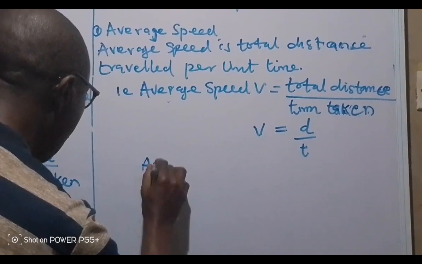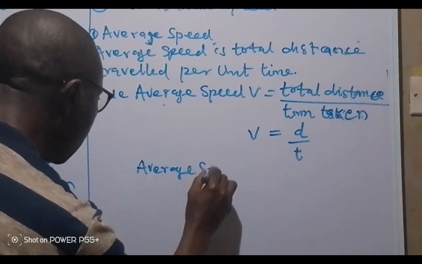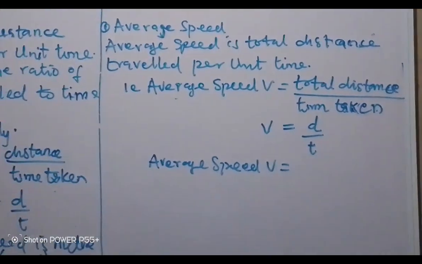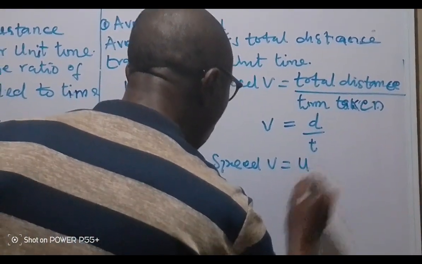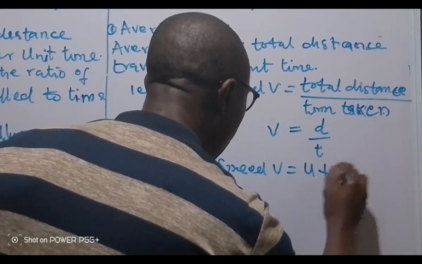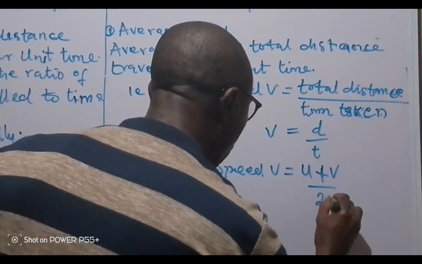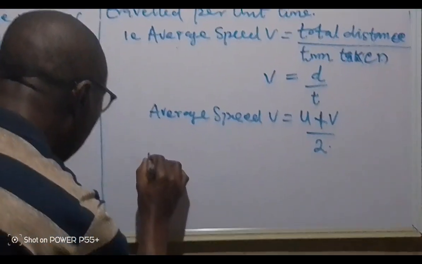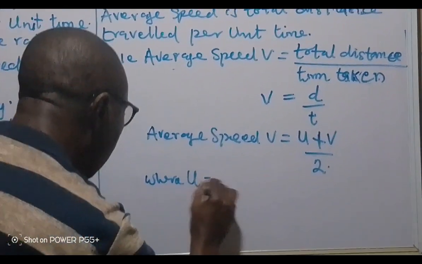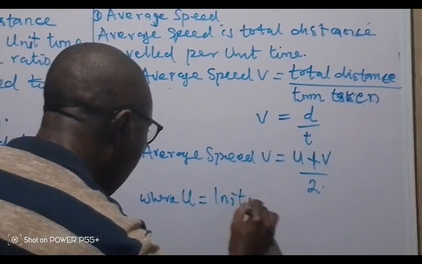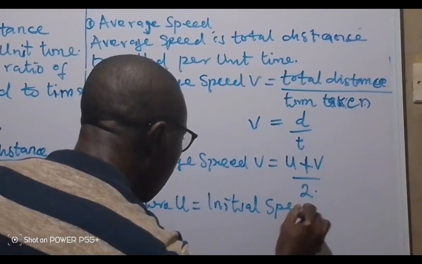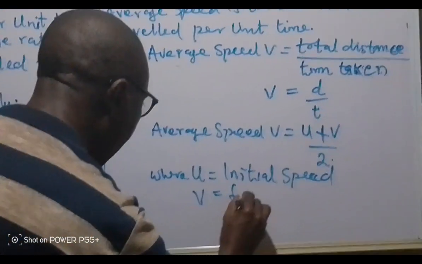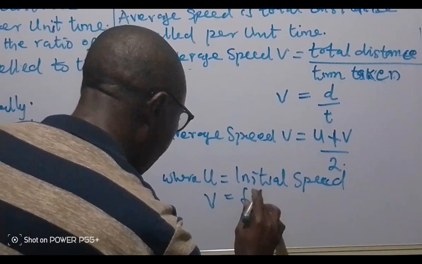average speed V will be equal to U plus V over 2, because we call it average, where U is equal to initial speed and V is the final speed.